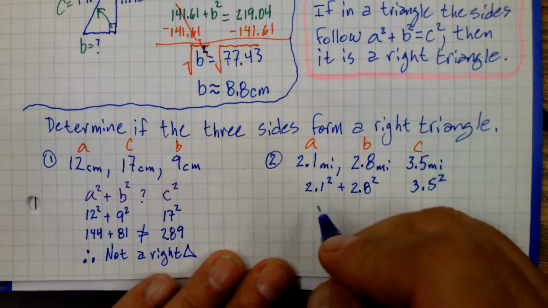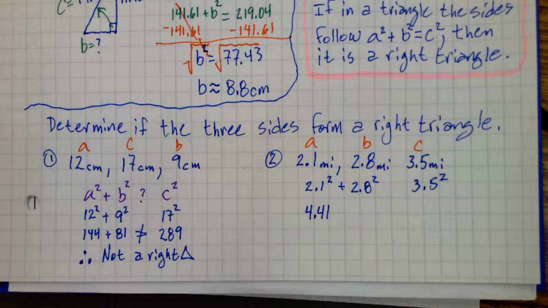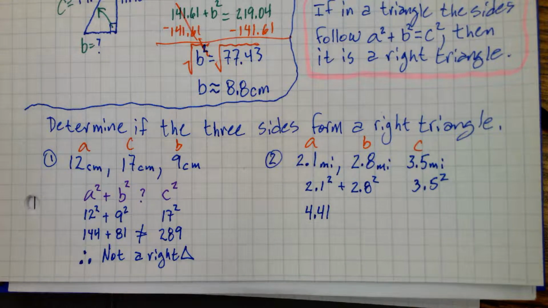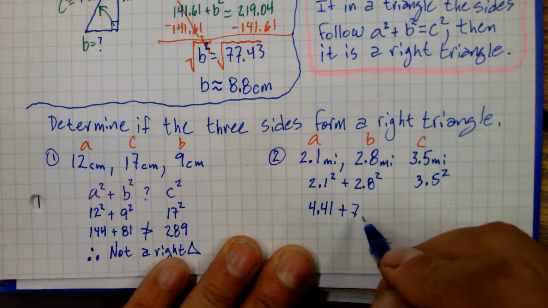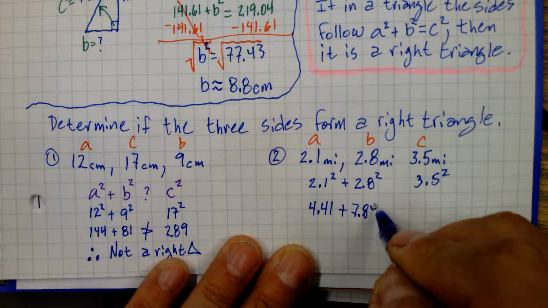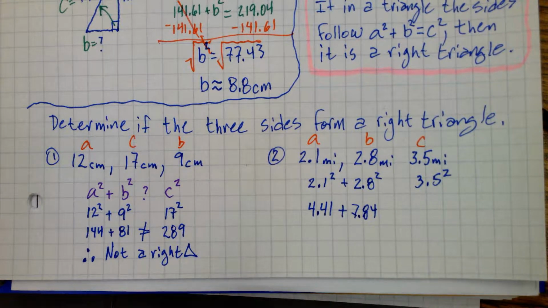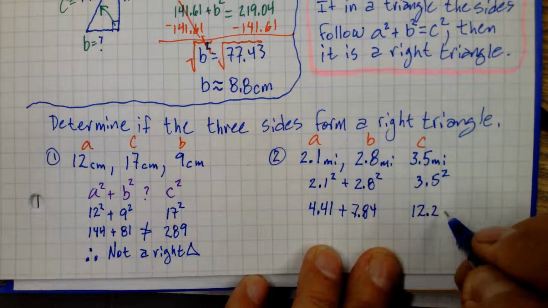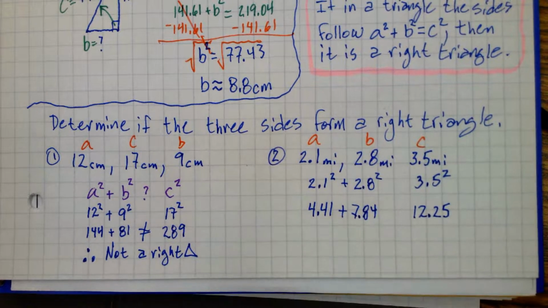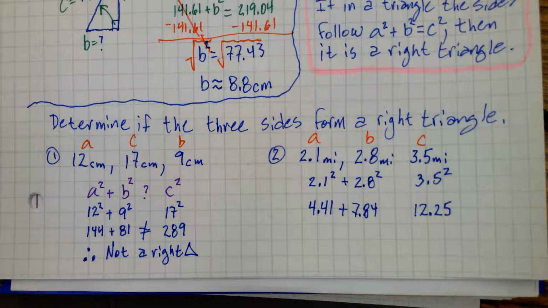So this is 4.41, 7.84, and 12.25. Okay. So 4.41 plus 7.84.